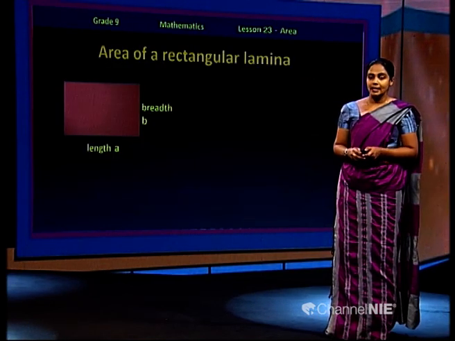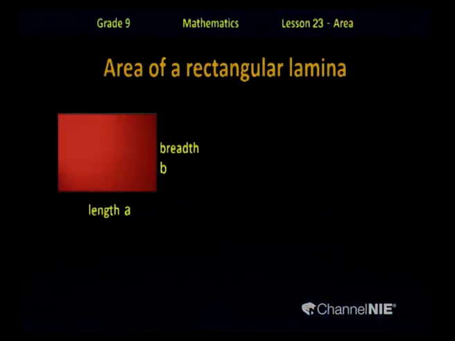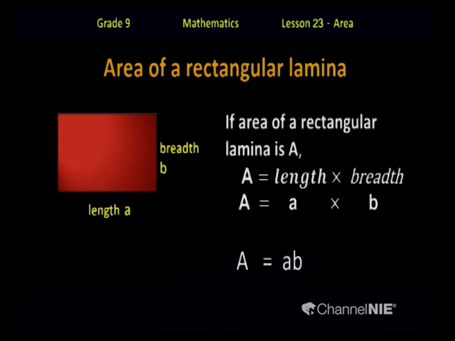Area of a rectangular lamina. How we can find it? Length of a side and breadth, they are multiplied. Here length is a, breadth is b. Then if area is capital A, we can give the letter capital A for area.